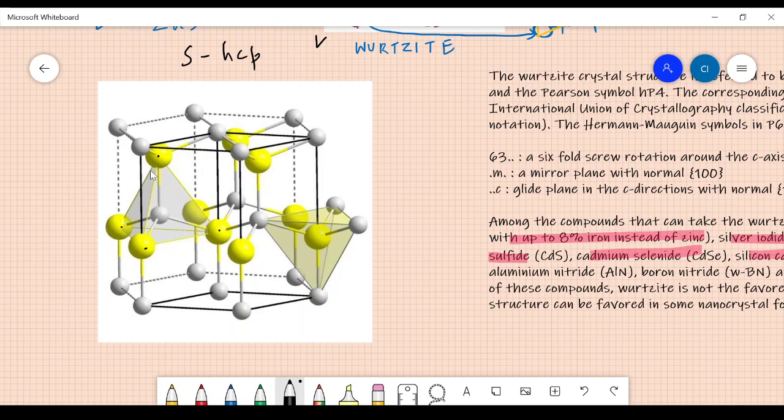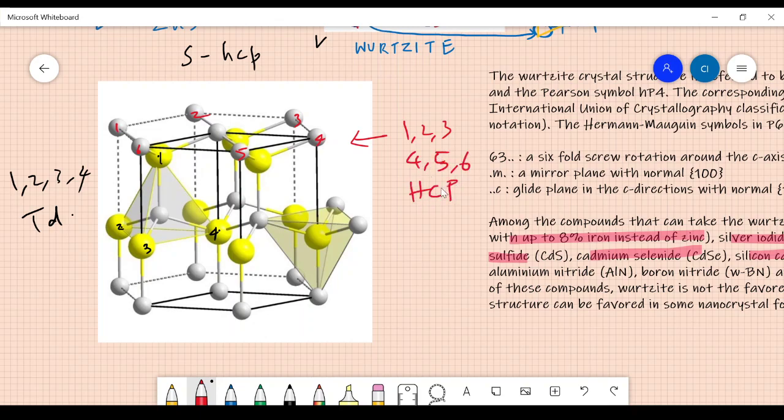This is for 1, 2, 3, and 4; 1, 2, 3, 4 give rise to a tetrahedron there. And these 1, 2, 3, 4, 5, 6 give rise to the hexagonal packing. But the seventh atom is also there. This is also the same element, that is zinc.